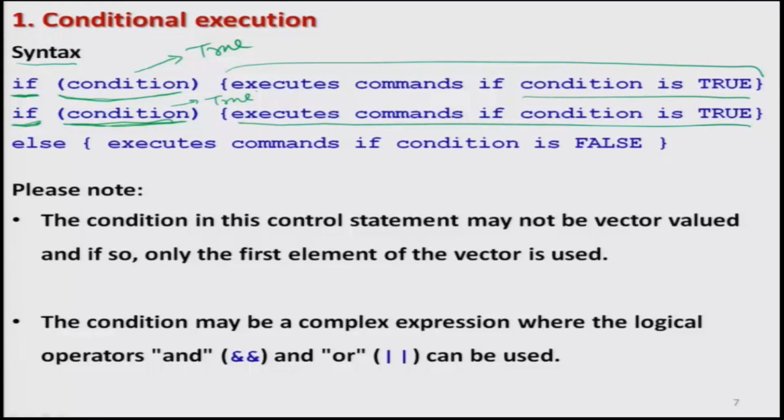And this is how we will keep on continuing, and at the end we will write the statement else, and then inside this curly bracket we can write the command which has to be taken when the condition is false. That means at the end you have to do this, right?